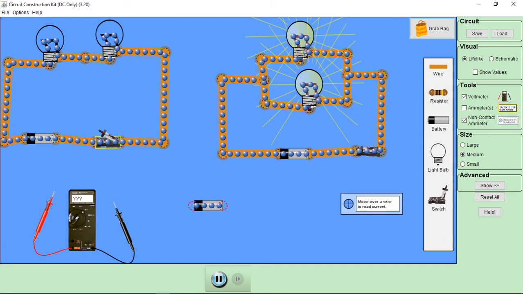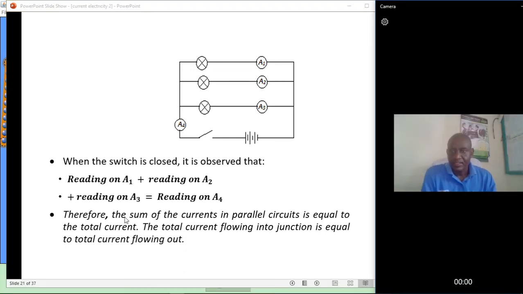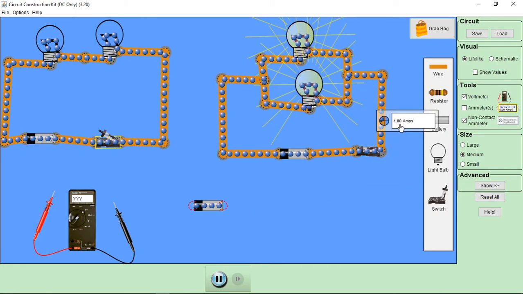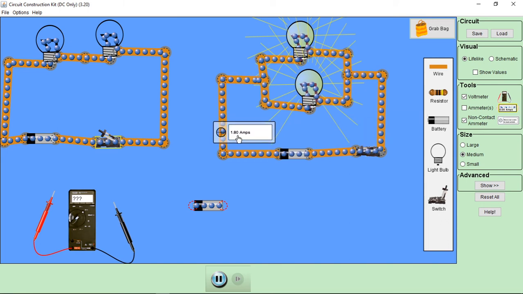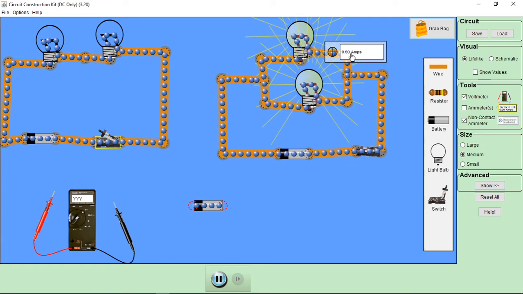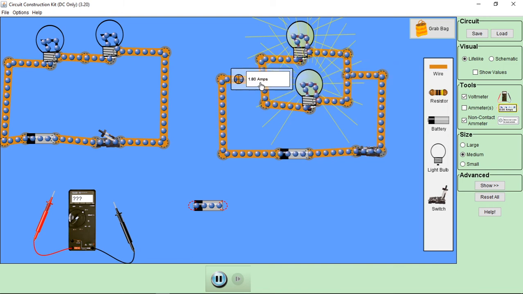Therefore, the sum of currents in a parallel circuit is equal to the total current. The total current flowing into a junction is equal to the total current getting out of the junction. What gets in is 1.8, what gets out is 1.8, but there is a split here, 0.9 and 0.9. Correct.